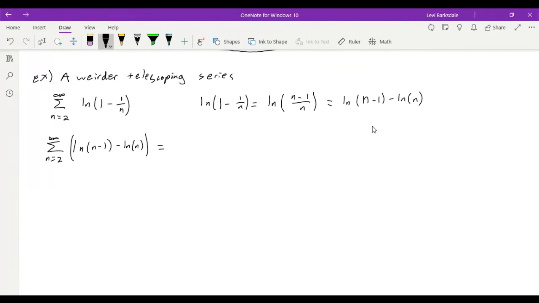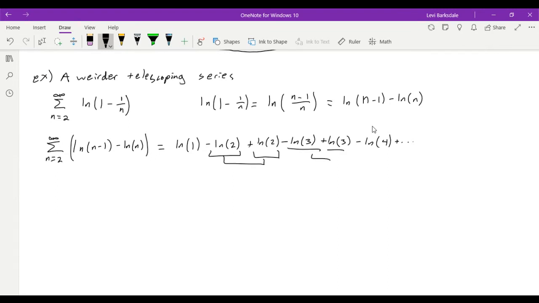Our first term is going to be natural log of 2 minus 1, which is natural log of 1, minus natural log of 2, plus the natural log of 2 minus the natural log of 3, plus the natural log of 3 minus the natural log of 4, and so on. And what you'll see is here we have negative natural log of 2 cancels with positive natural log of 2. Negative natural log of 3 cancels with positive natural log of 3.